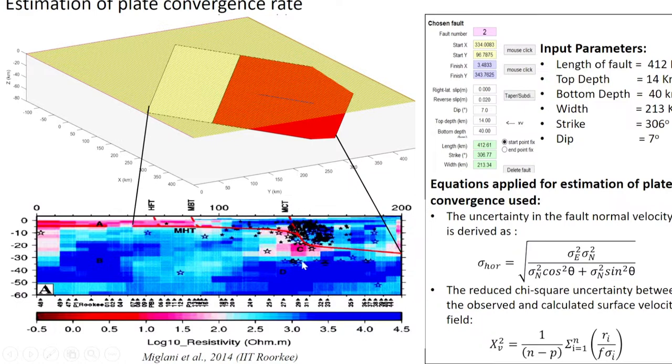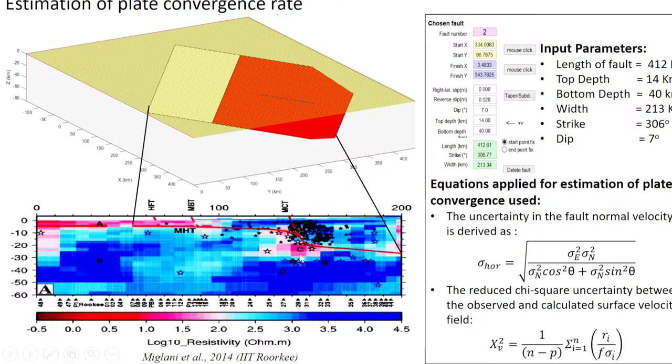Also, surprisingly, you can see high conductivity in this zone. This is called the mid-crustal conductor, and it is due to fluids. You can see most of the earthquakes occurring in this region, and there are mainly two or three reasons for the occurrence of earthquakes here.